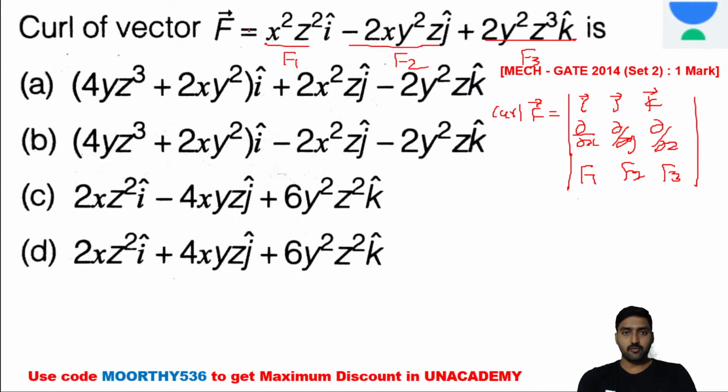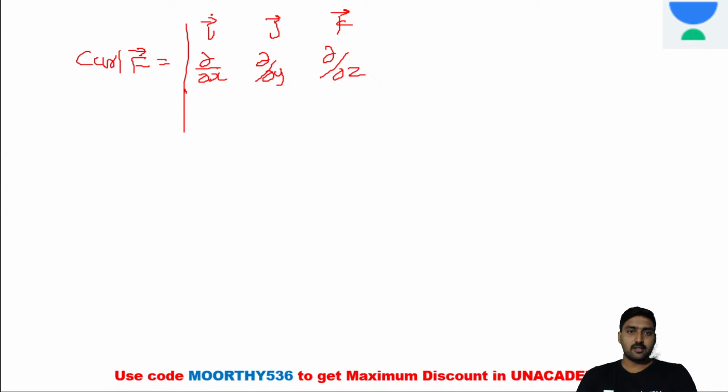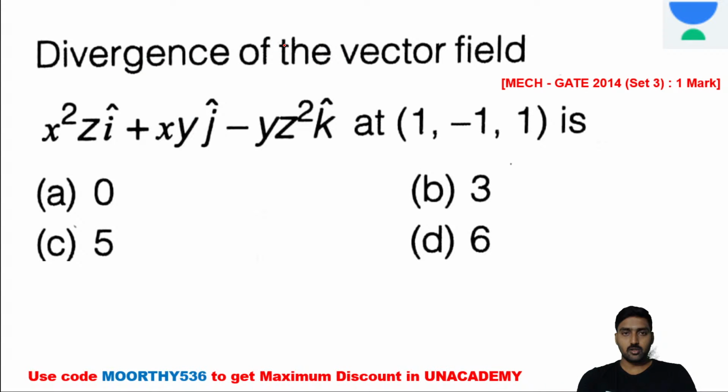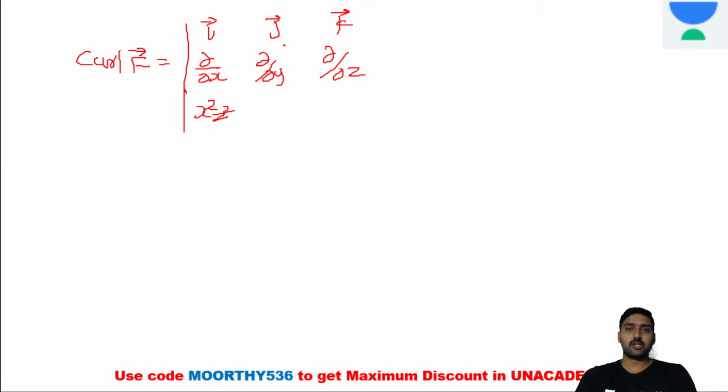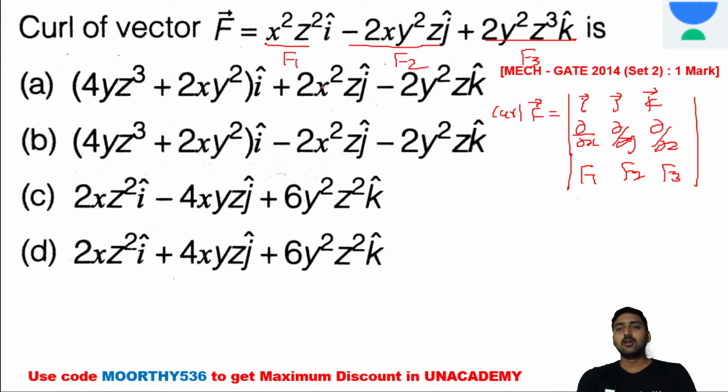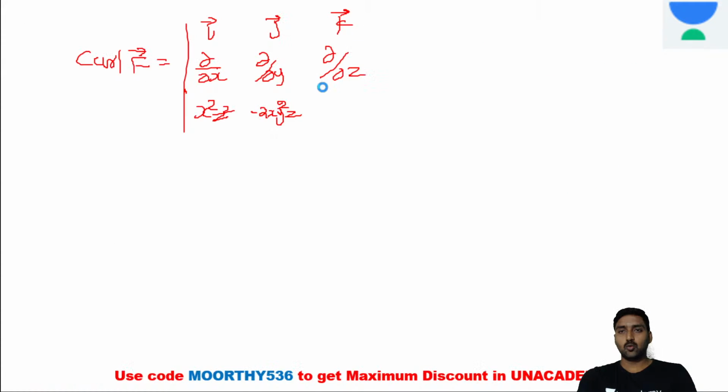What about the value of f1? x square z square. What about the value of f2? Minus 2x y square z. What about the value of f3? 2y square z cube.